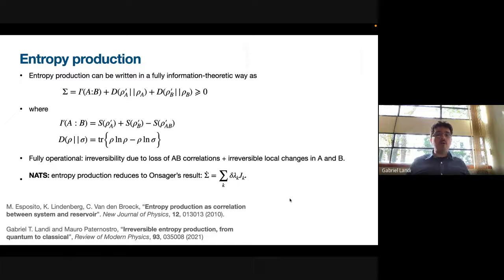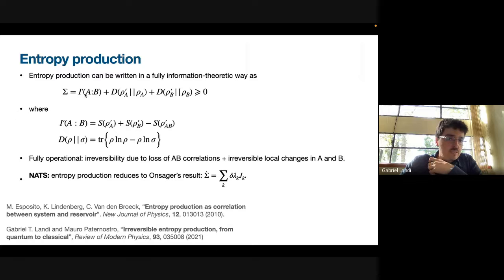Okay, next, let's talk about entropy production. So how do we construct entropy production from this kind of process? There's a very nice way introduced in this paper and reviewed here to construct entropy production solely from quantum information theory. And essentially, it's given by this formula, which has three terms.